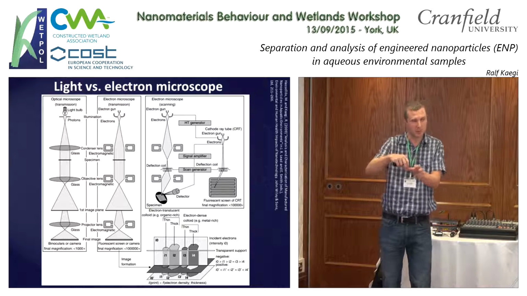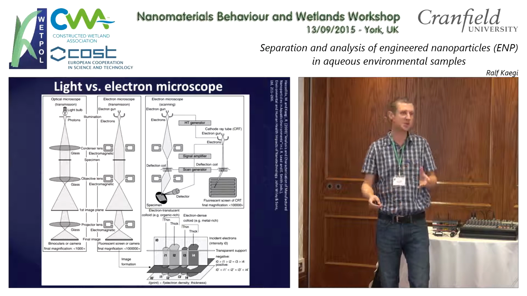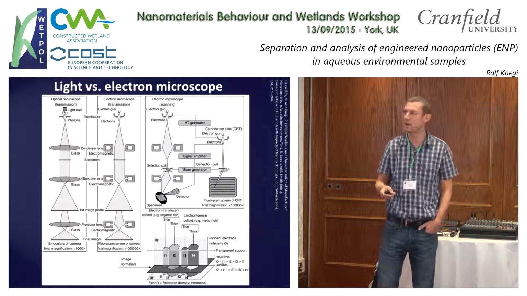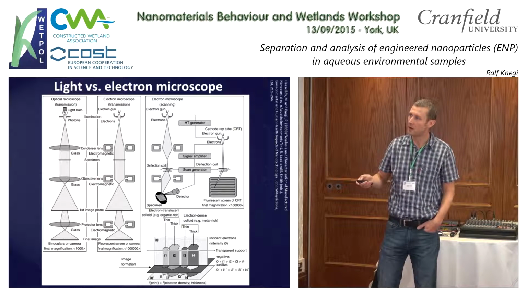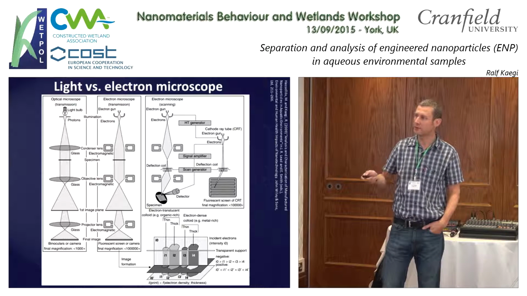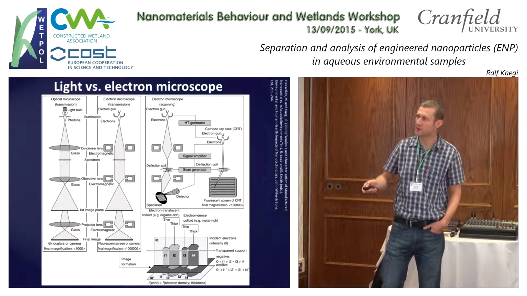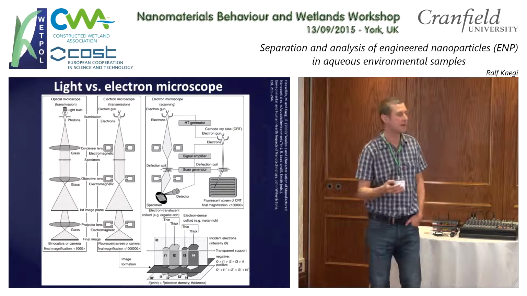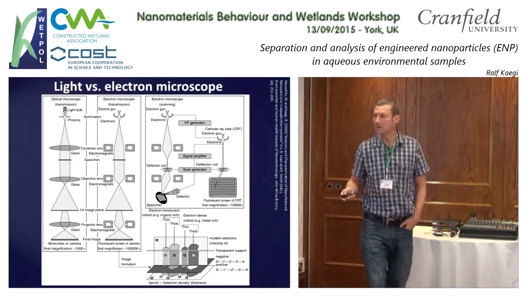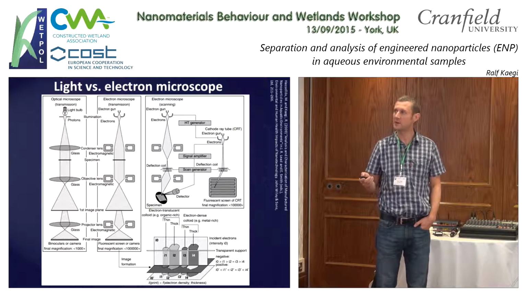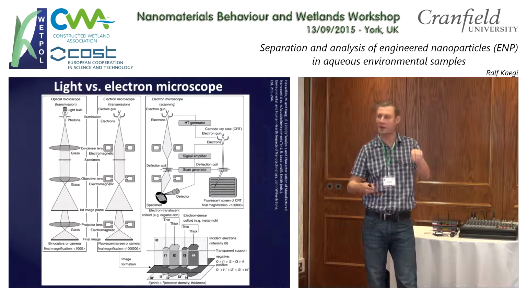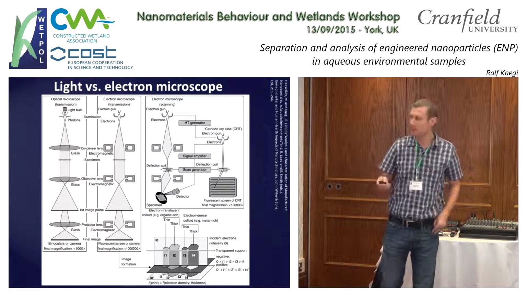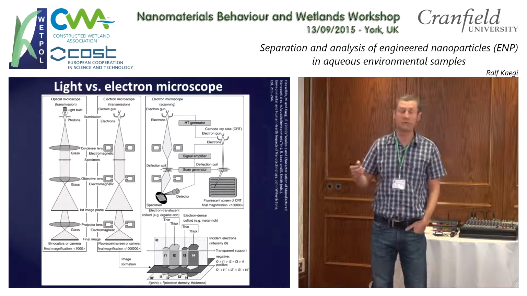When you don't have material, the electrons will go through, and the projection will be bright. That's why it's called a bright field image. After the electron beam goes through the sample, the projector lenses are just there to magnify the image. The important thing is that you have a direct ray path between every point of your sample and the corresponding image.